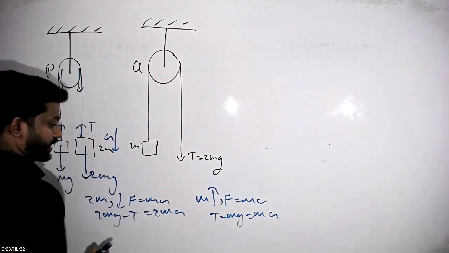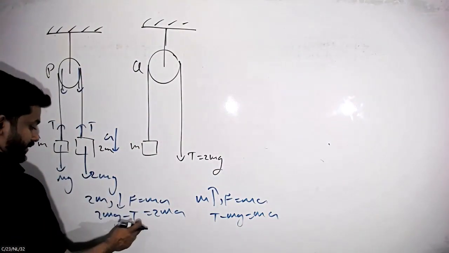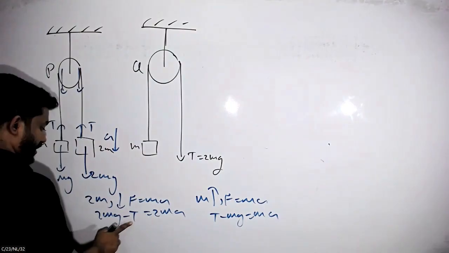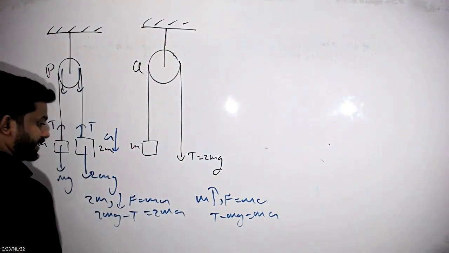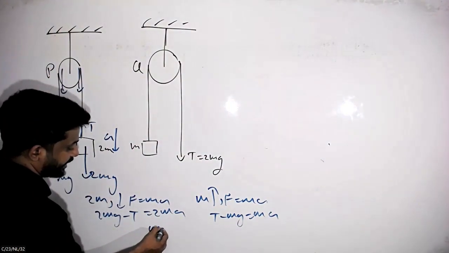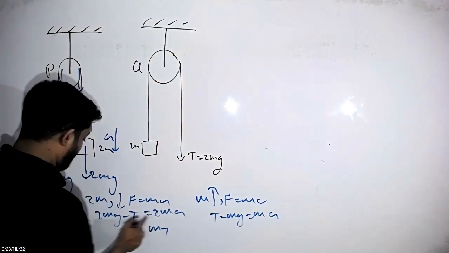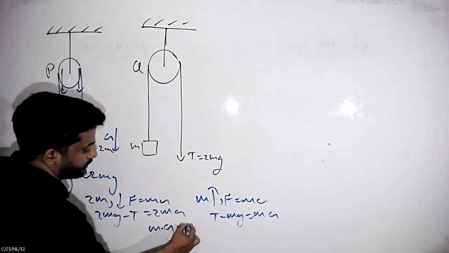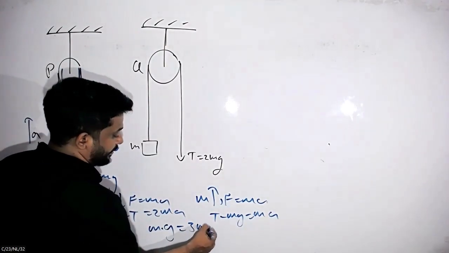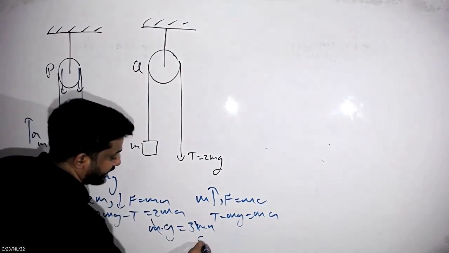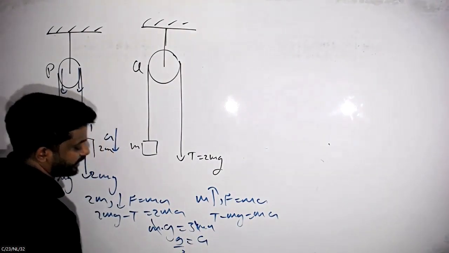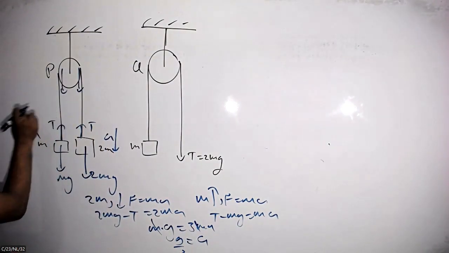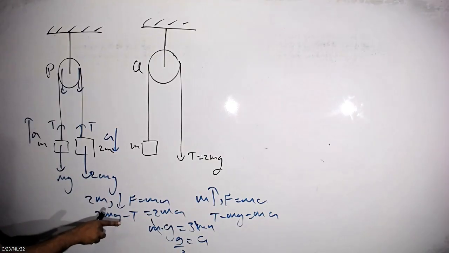You can add these two equations to find the answer. Minus T plus T cancel. Then mg minus 2mg plus 2mg minus mg, so mg is equal to 3ma. The m cancels, so a is equal to g over 3. The magnitude of the acceleration of system P is g over 3.